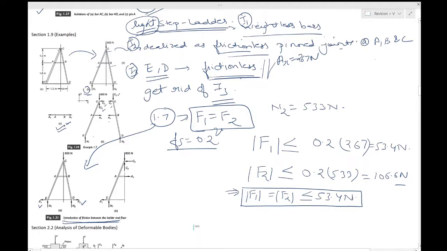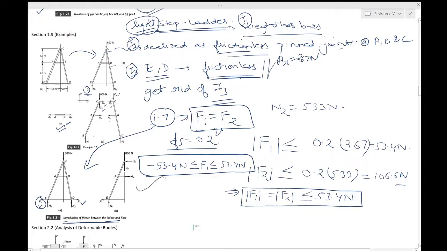Since we don't know the sense of the friction, we have taken a direction, but we don't really know. So the actual answer can be anywhere from minus 53.4 newtons to plus 53.4 newtons for this F1 direction which you have taken.